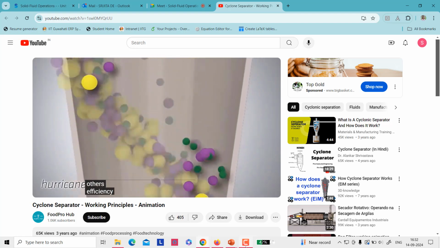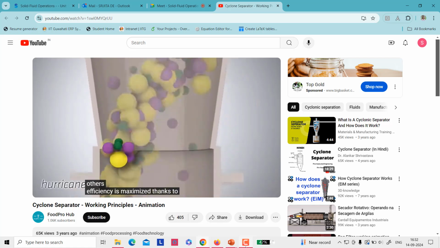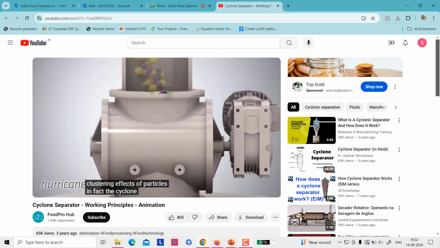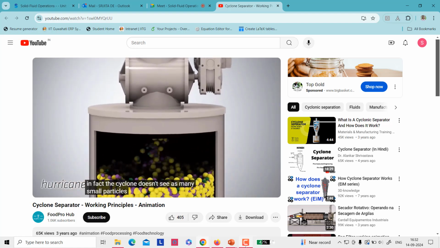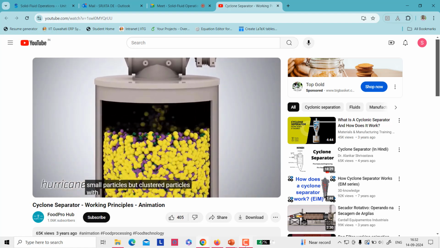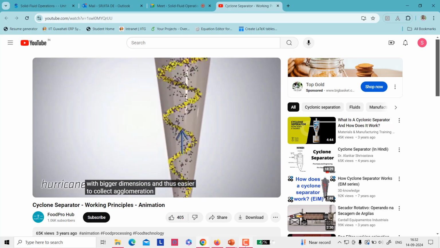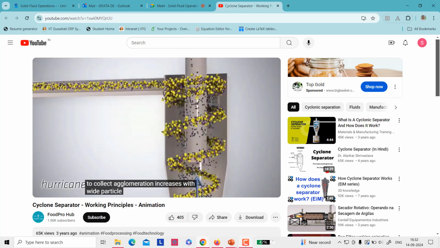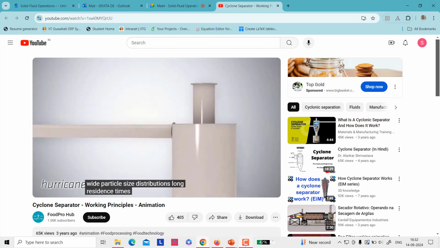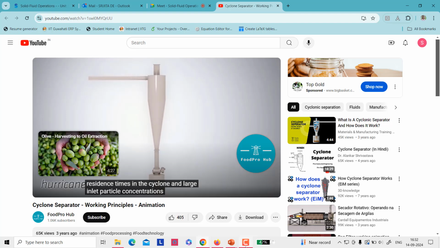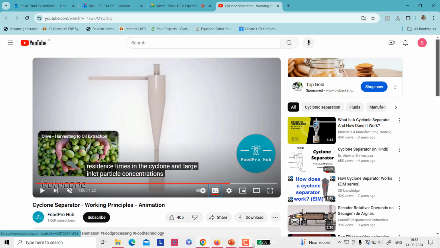You can see that bigger particles are settled down. This is the cyclone separator.